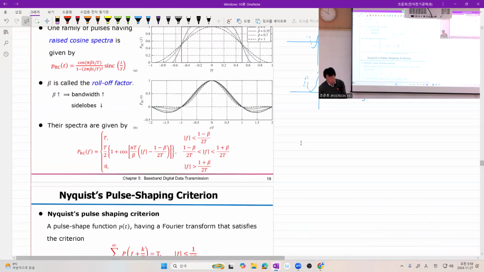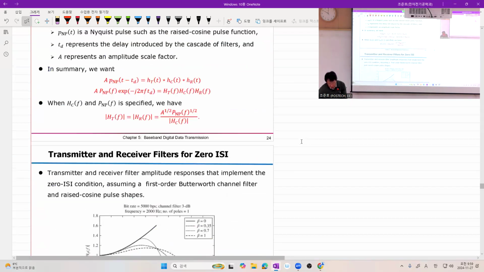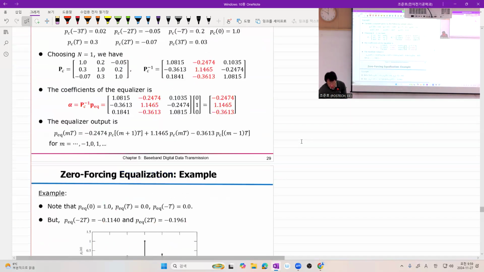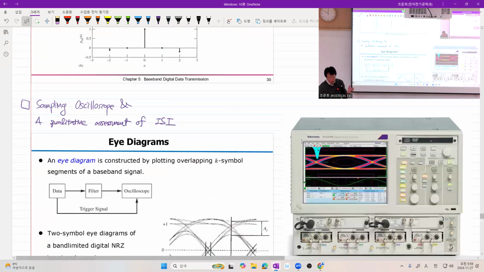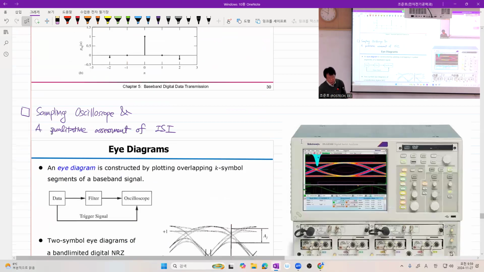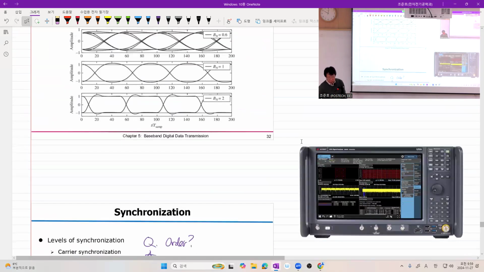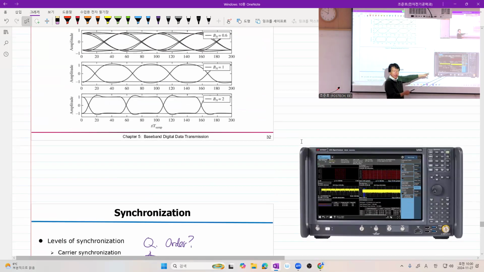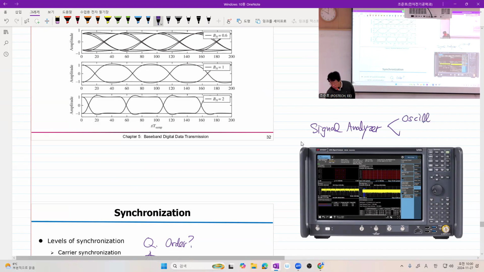They have only one. Where is it? I put it here somewhere. Not this one. Okay, this is an old oscilloscope. But now you have this very compact single measurement equipment, and this is called the signal analyzer. So it does the function of an oscilloscope and also a spectrum analyzer.